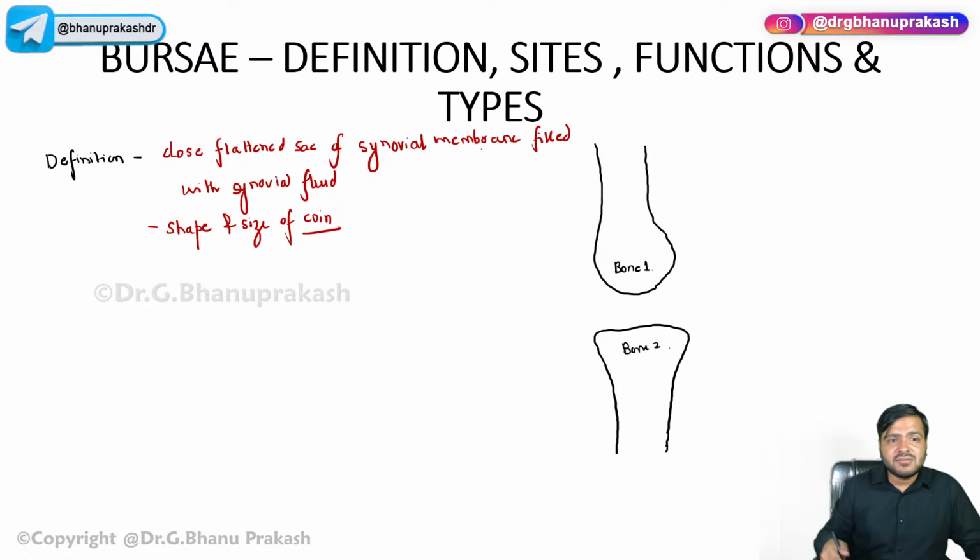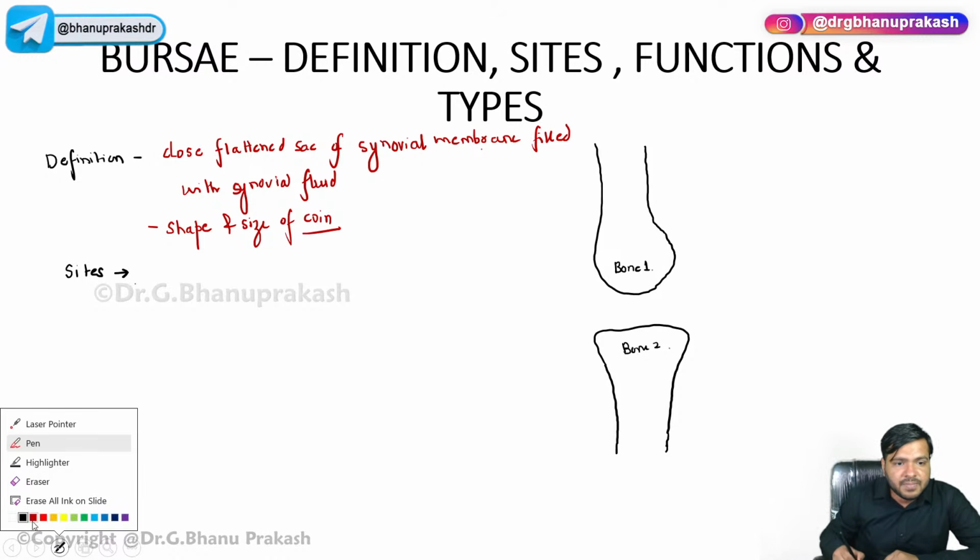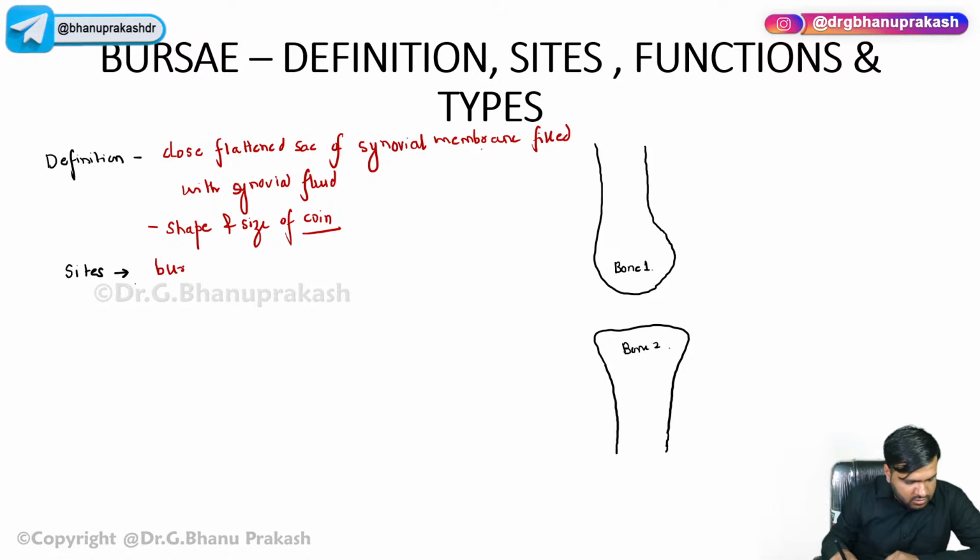Now what is the function? Where it is found? Let us first discuss the sites. Basically, the bursa occurs in close relation to joints.